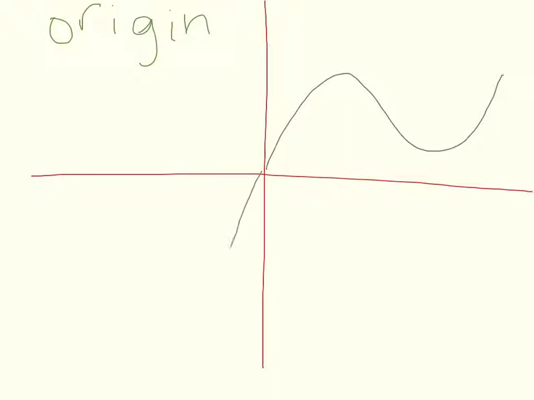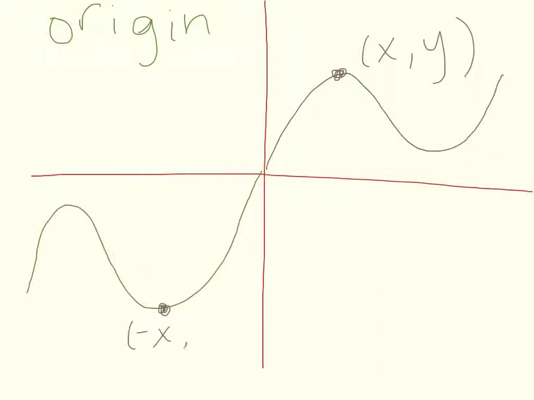So then, symmetry with respect to the origin would be the same graph as before. For every point (x, y), there is a point (negative x, negative y).